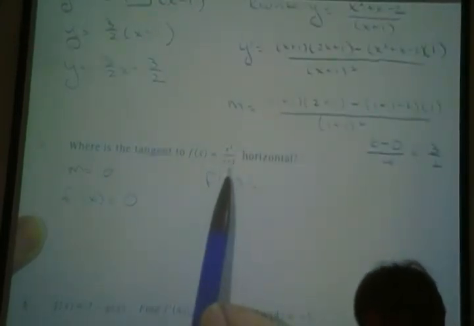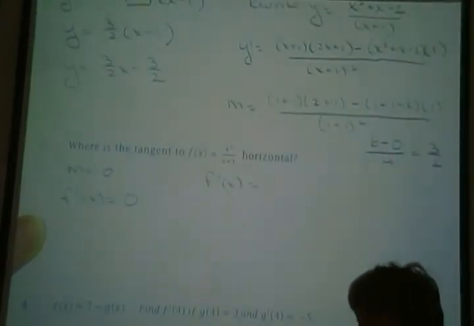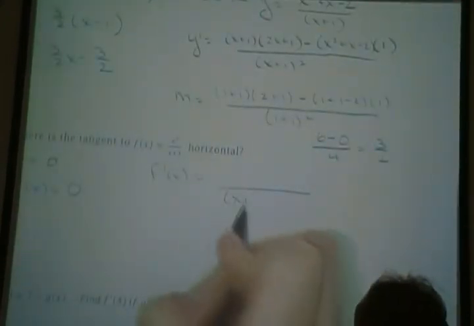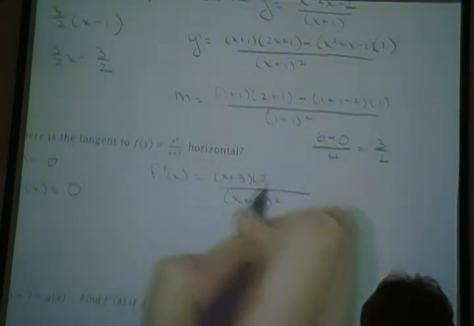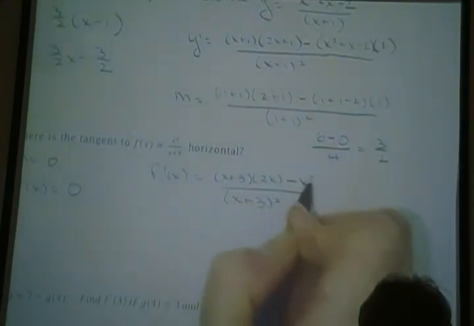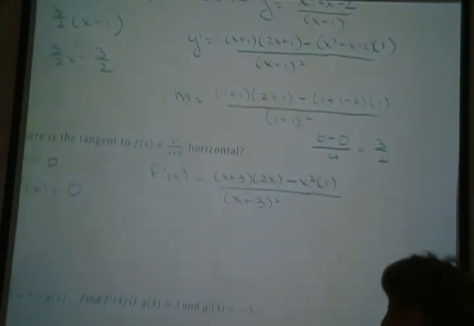And again, the denominator is a binomial. I can't factor anything. I need the quotient rule, so I'm going to use it. Square the denominator. Start with the denominator, derivative of the numerator, minus numerator, derivative of the denominator.